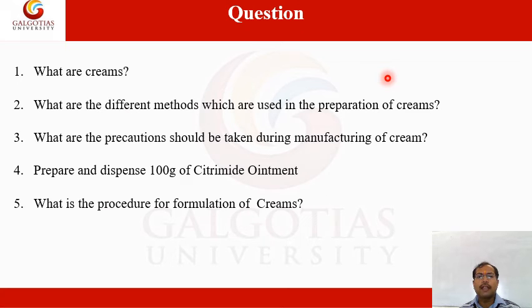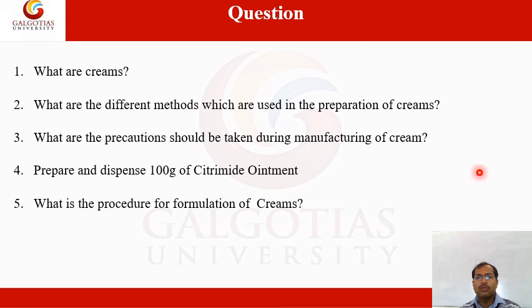Different questions can arise after the complete study, and the questions may be: Define cream. What are the different methods used for the preparation of cream? What precautions should be taken during manufacturing of cream? Prepare and dispense 100 gram of cetrimide ointment, and discuss the procedure for the formulation of cream.